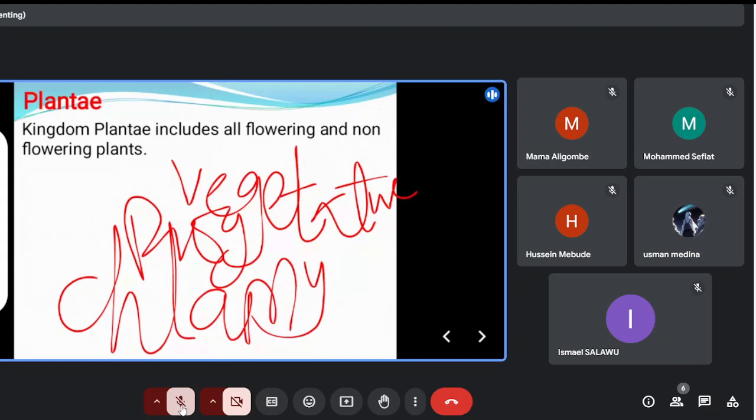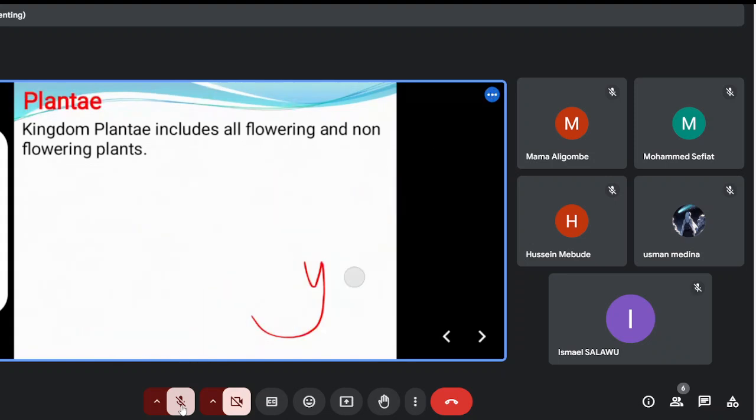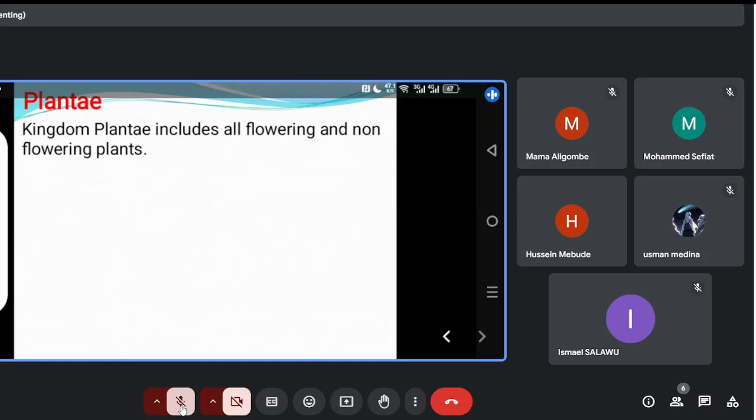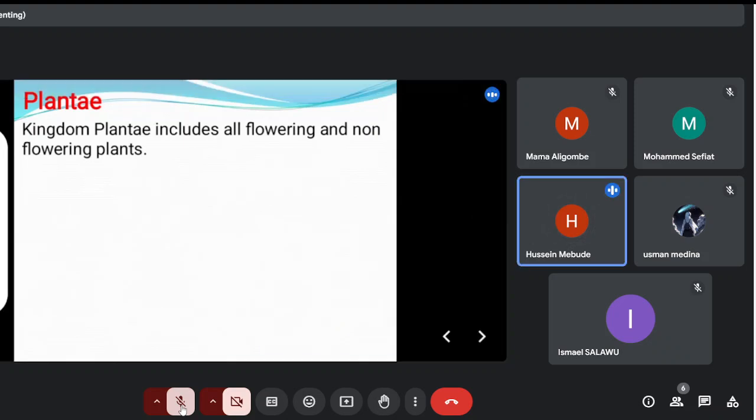Now let us look at the major groups under plants. There's something I remember now when we looked at the levels of classification. What's the means by which plants do their sexual reproduction?